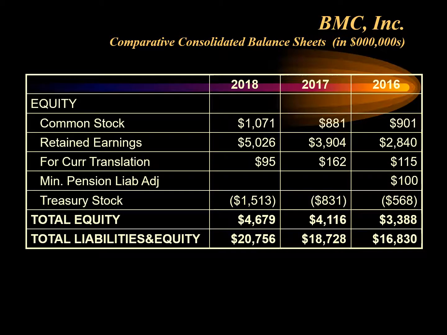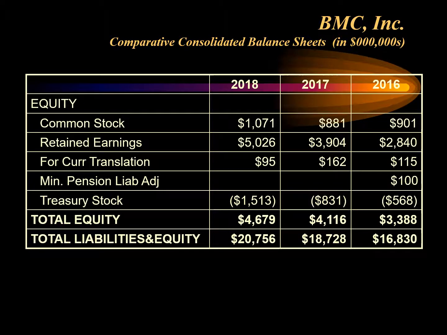Now, one question I'm going to pose is, look at 2018, and if the company has only issued $1 billion in common stock, how is it possible that they've bought back $1.5 billion in stock? They've bought back more stock than they've issued? That's not possible. So you may know the answer to this.